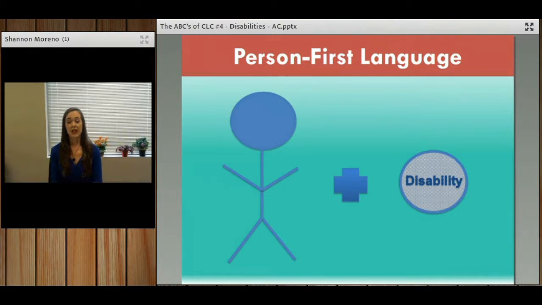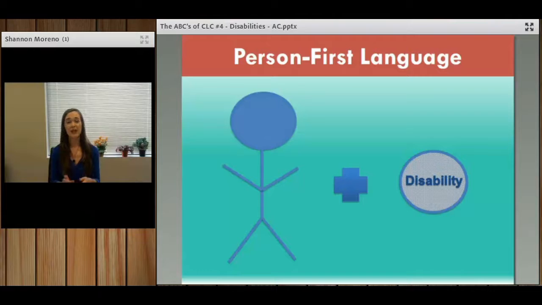So I want to go through, and we're going to spend a good amount of time talking about the difference between person-first language and identity-first language. So let's take these one at a time. First of all, person-first language is a way of talking about or referring to or talking to someone who is living with a disability.